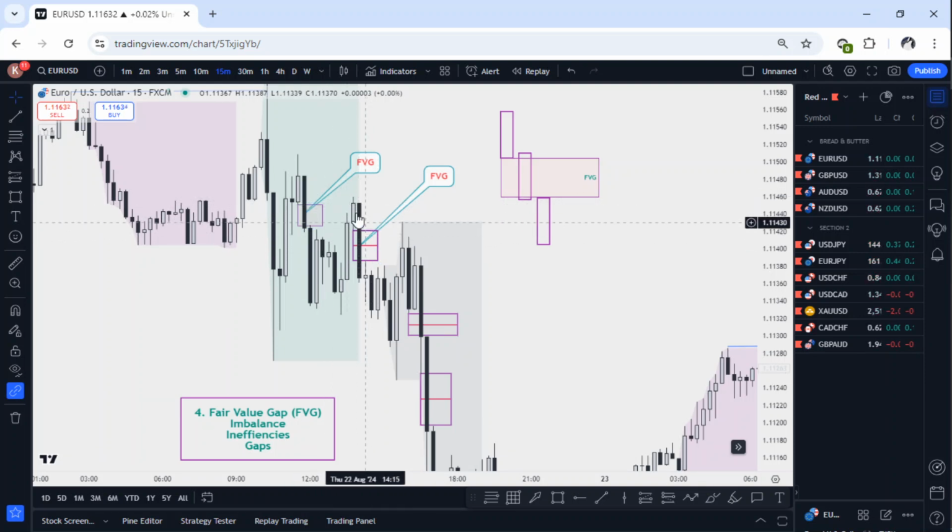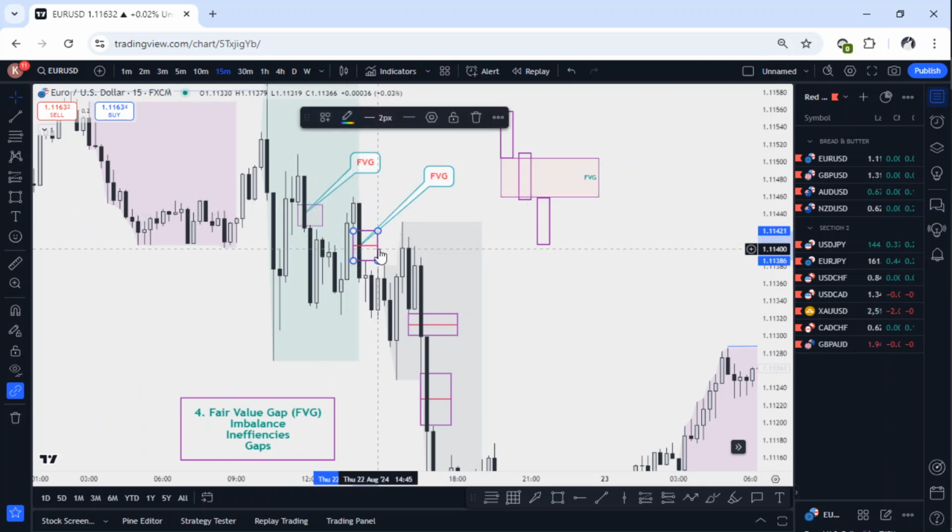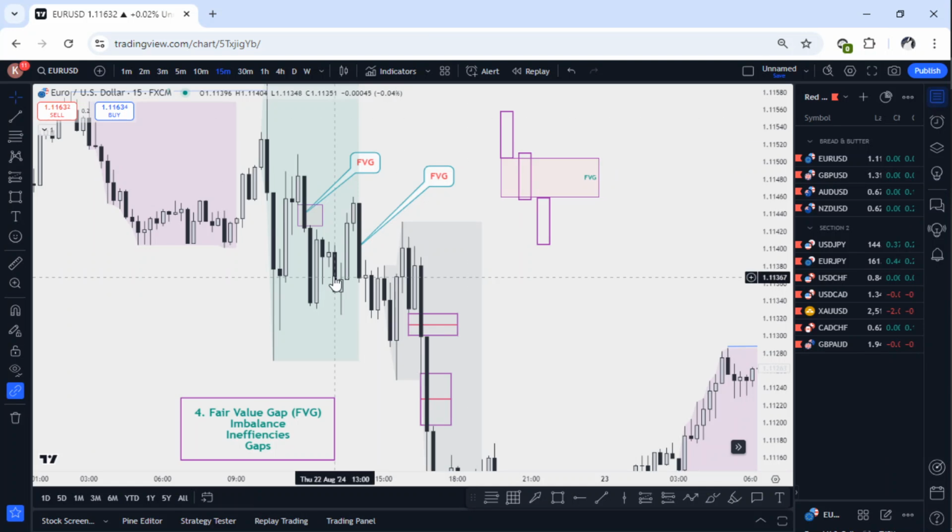You can see in this example, this is the space in between this candle, then there's this second candle, and then there's this third candle. So the wick here and the wick here, this space is what is called fair value gap. You can see price tapped on it here, and with the help of the order block that was here, they got mitigated, and that is how the price reversed from this particular point.